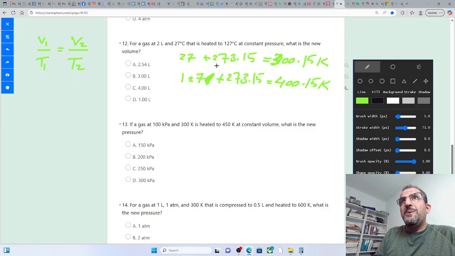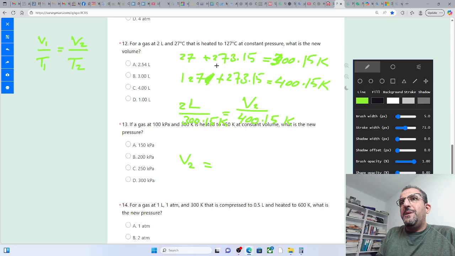If I apply my equation, I have V1, 2 liters, divided by the original temperature, 300.15 Kelvin, equal to the new volume divided by 400.15 Kelvin.